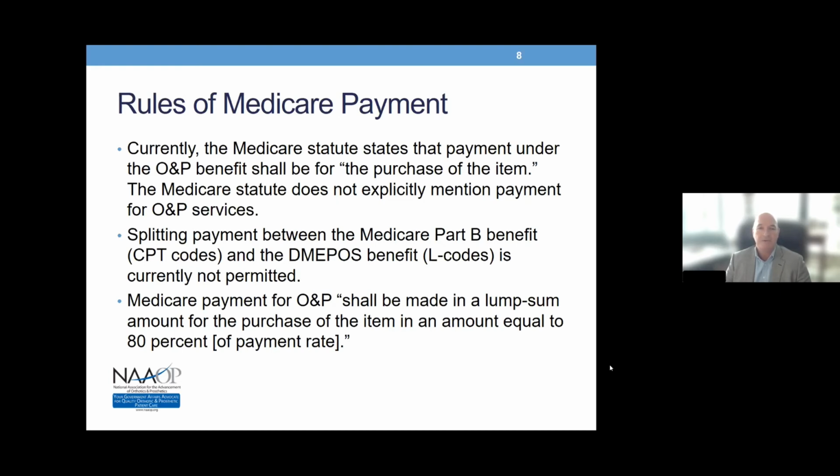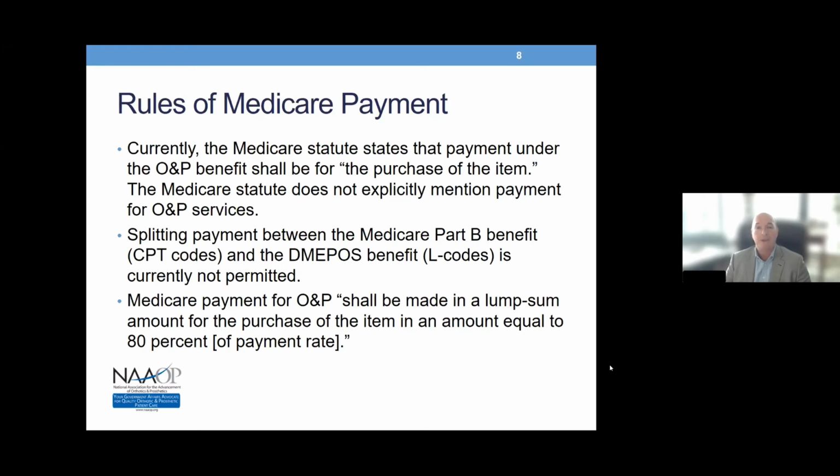O&P providers are not permitted to use the CPT codes and cannot split L codes and CPT codes in the billing of any particular device. And then finally, there is statutory language that says that O&P shall be paid in a lump sum amount, 80% of the fee schedule amount, and then the beneficiary pays 20%.